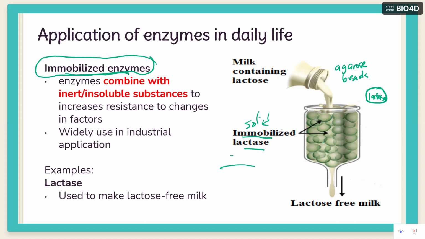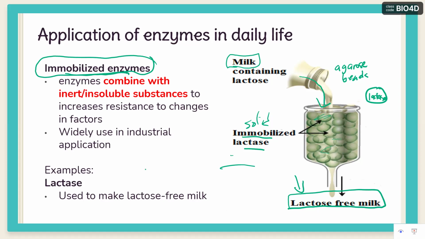So you put it in this container, and then you pour the milk from the cow. You pour the milk and it will pass through all these enzymes. The milk that comes out will become lactose-free milk. Why do we need lactose-free milk?